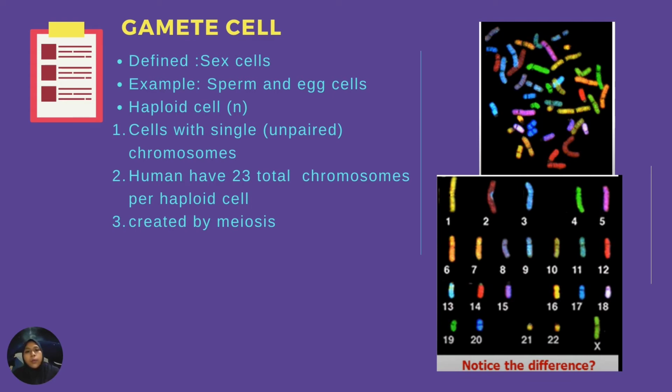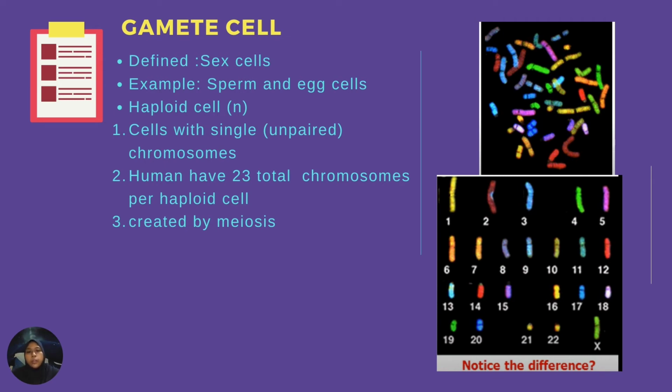Now we come to haploid cells. Haploid cells have a single set of chromosomes, only one of each. You see number 1 has only one chromosome, and number 15 and number 17 also have only one chromosome, so the chromosomes are not paired. Gamete cells are created by meiosis.